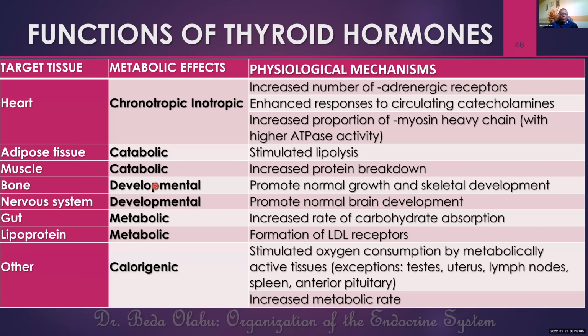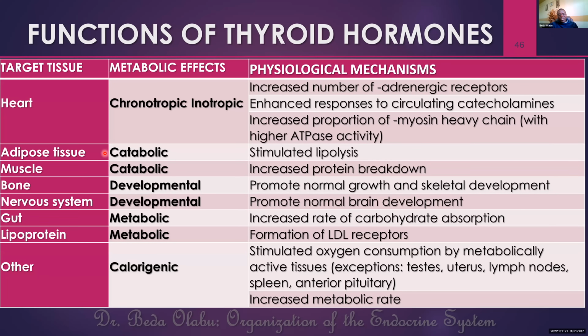For example, in the heart, the thyroid hormones will increase the heart rate, and that is what we call the positive chronotropic effect. It also increases the force of contraction. That's what we call positive inotropic effect. The mechanisms are many, but that's what it does on the heart.